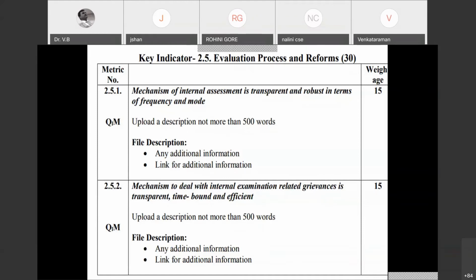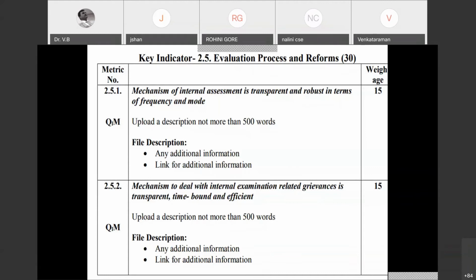For example, in internal assessment, if out of 25 marks, 10 marks will be considered for internal assessment 1, then in the link I have to enter the mark list of the students. So the internal assessment test 1 mark list has to be uploaded. That is the link for additional information.